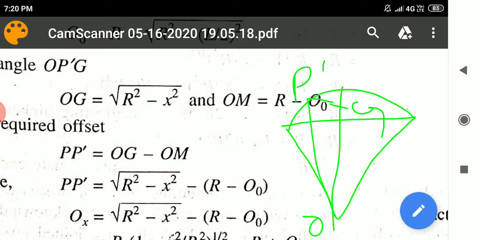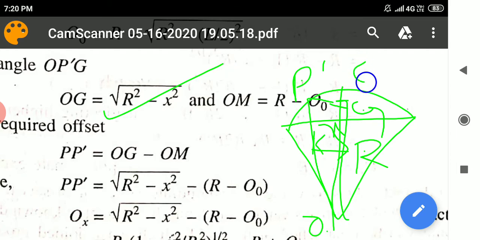O P dash G. So OG equal to, this is R and this is X. Please refer diagram, and this is R. So by using Pythagoras, root of R square minus X square, I got it.